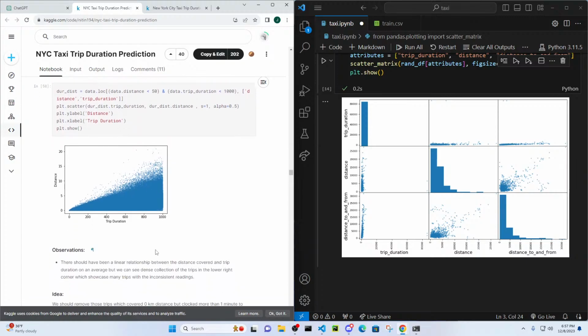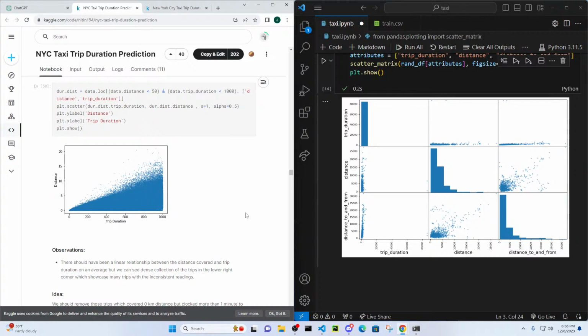And then there should have been a linear relationship between the distance covered and trip duration on average, but we can see a dense collection of trips in the lower right corner, which showcase many trips with inconsistent readings. It's got to be, because if the distance is low but the duration is high, this has to represent traffic.